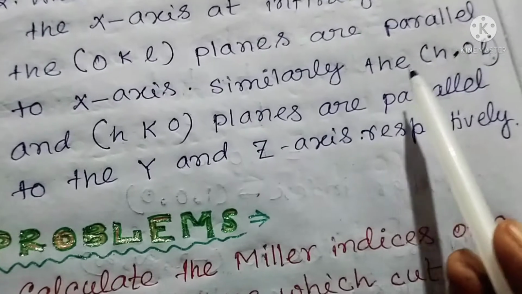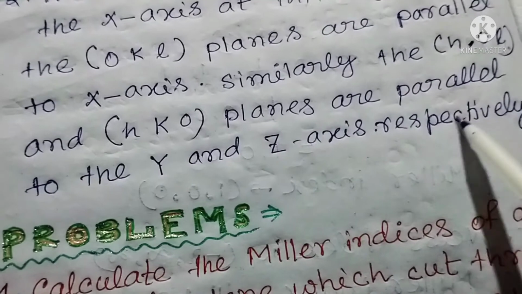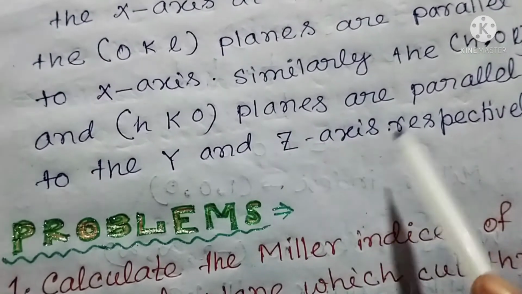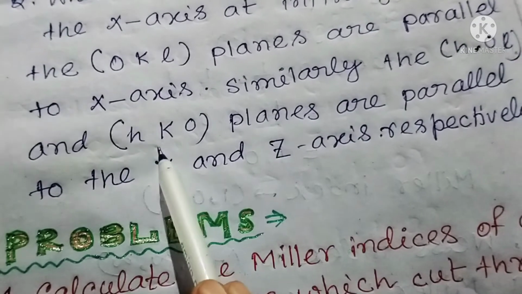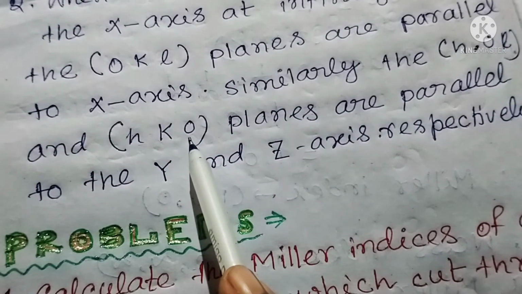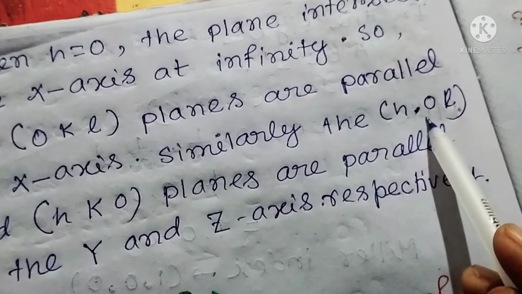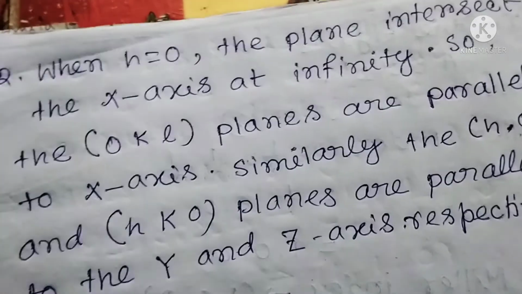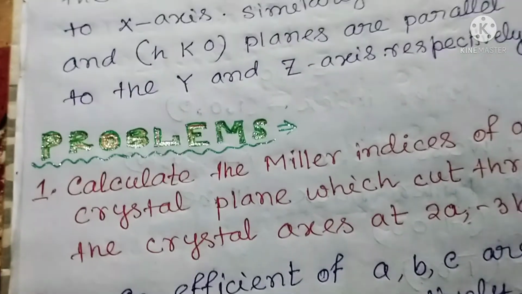Similarly, the h0l and hk0 planes are parallel to the y and z axis respectively. Here hk0, so the plane is parallel to the z-axis, and here h0l, so the plane is parallel to the y-axis. Now we do some problems.